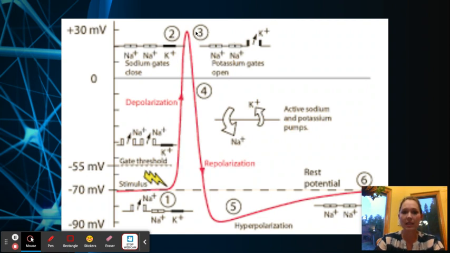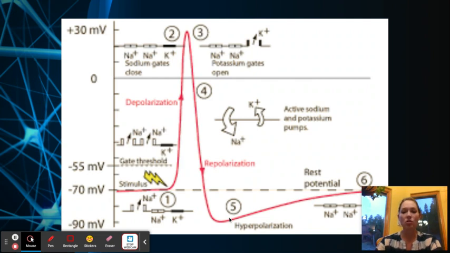You guys can see here that the red line is showing you the charge inside the neuron. As those potassium gates open, it drops down. So here's your repolarization. Then this extra dip here is called hyperpolarization, where it drops even lower.